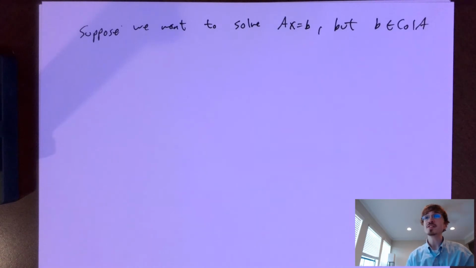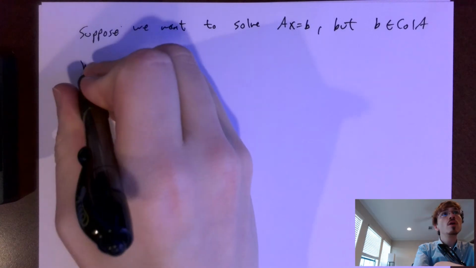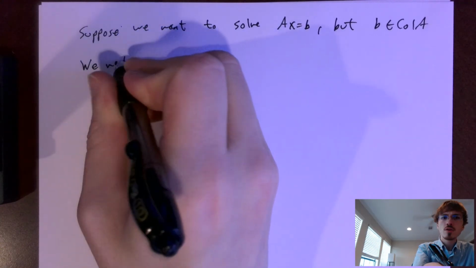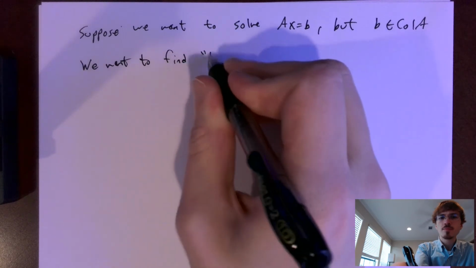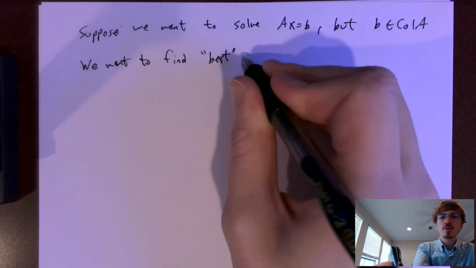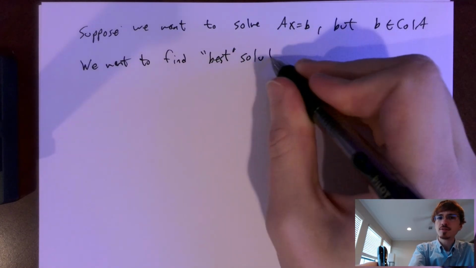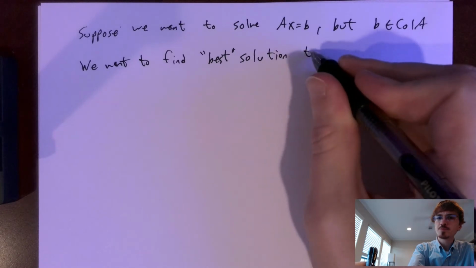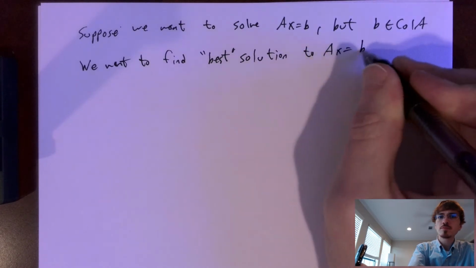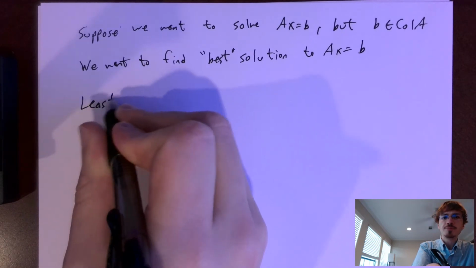So given that this is not a solvable equation, what can we do? We want to find the best solution. And by best, we mean best in the least squares sense, which we'll define. And this gives rise to the least squares problem.